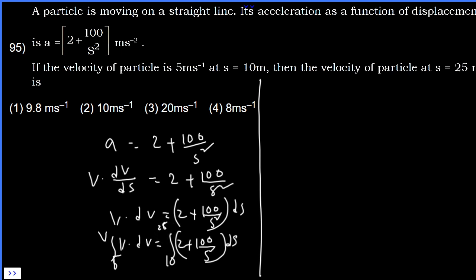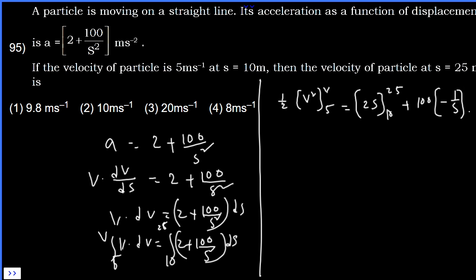From this we get half into v square within limits 5 to v, equal to 2s within limits 10 to 25 plus 100 times the integration of 1 by s square, which gives minus 1 by s.